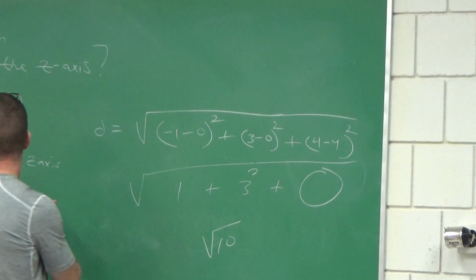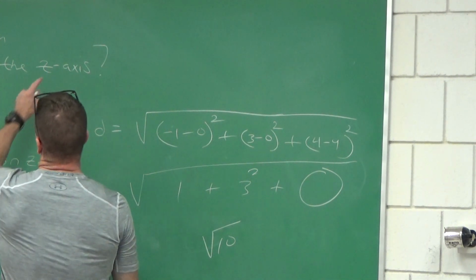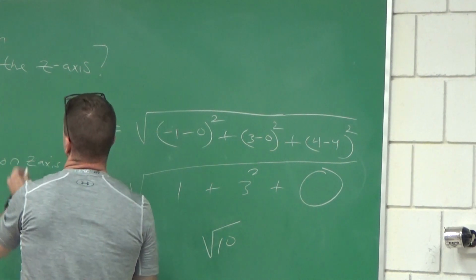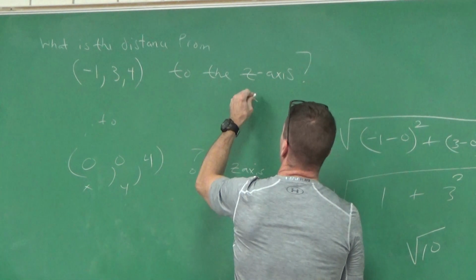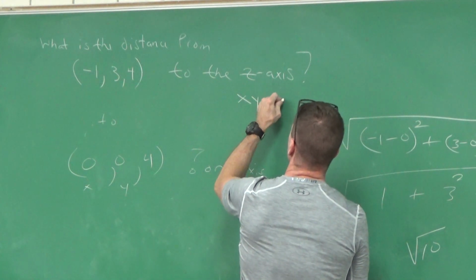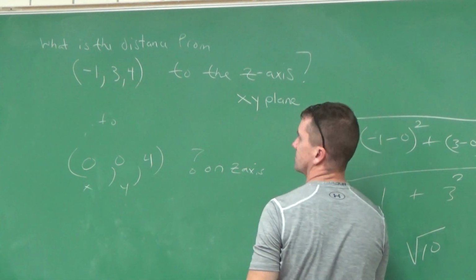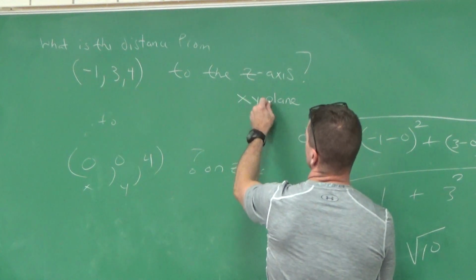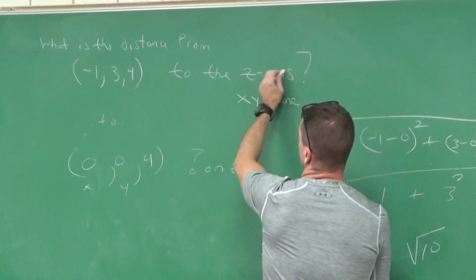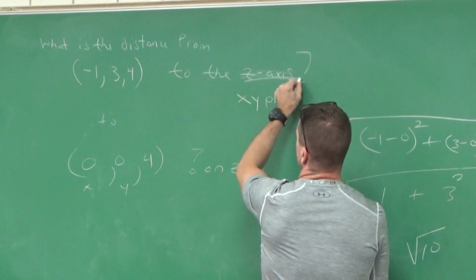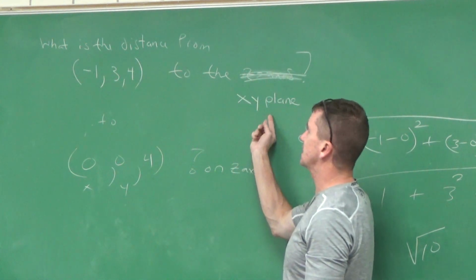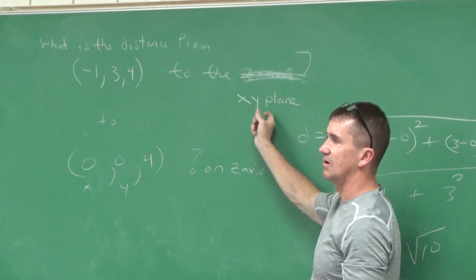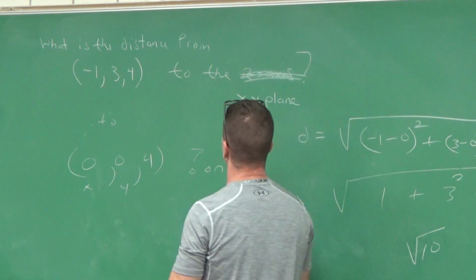You don't have to work out this problem. I said to the z-axis. If I said to the xy plane, then in the xy plane, z takes on the value of 0. What you would do there is a little different.